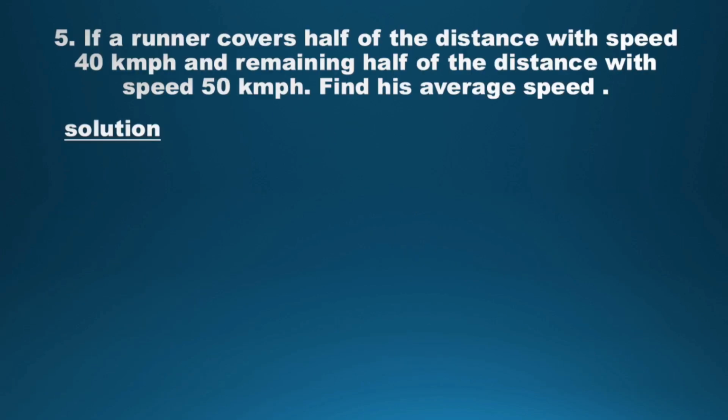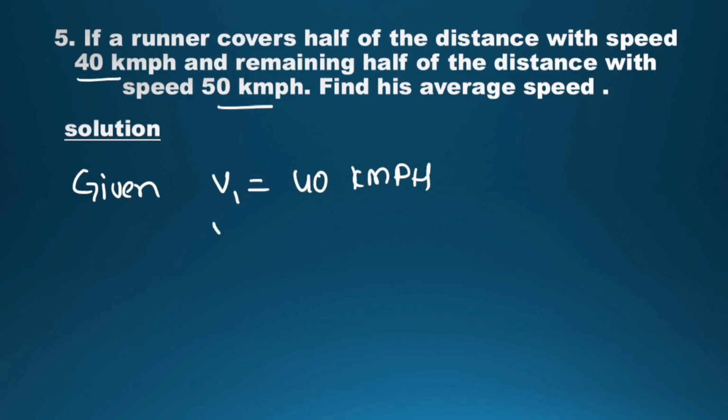Now see, if a runner covers half of the distance with speed 40 kmph and the remaining half of the distance with speed 50 kmph, find his average speed. Right, what is given? V1 equals 40 kmph and V2 equals 50 kmph.